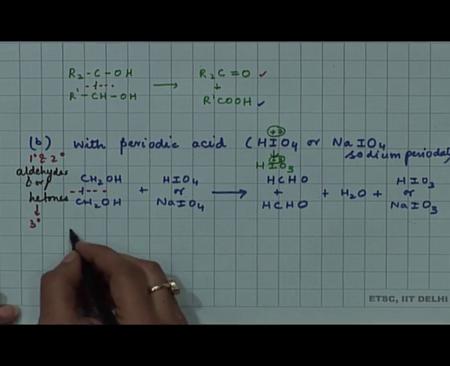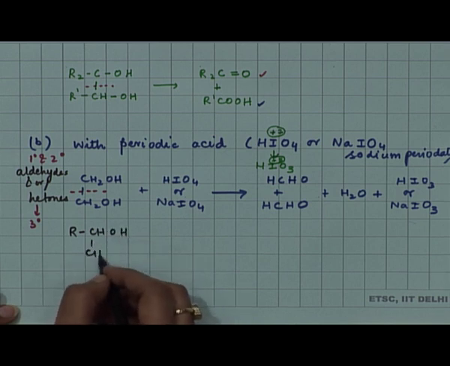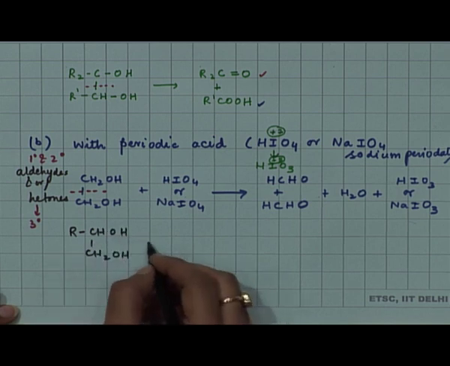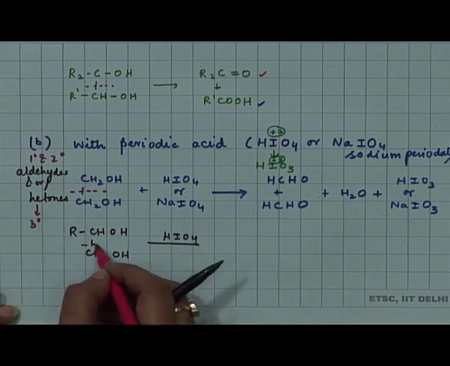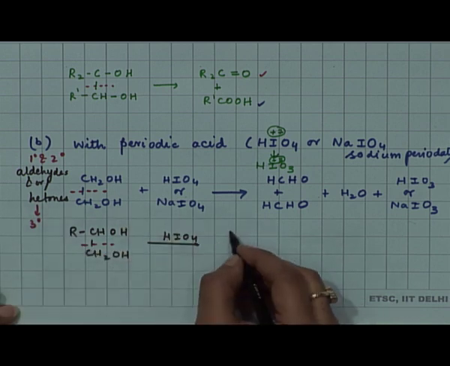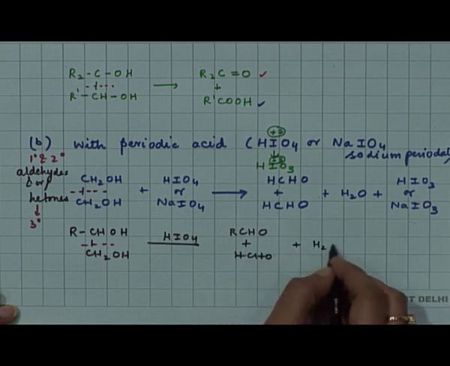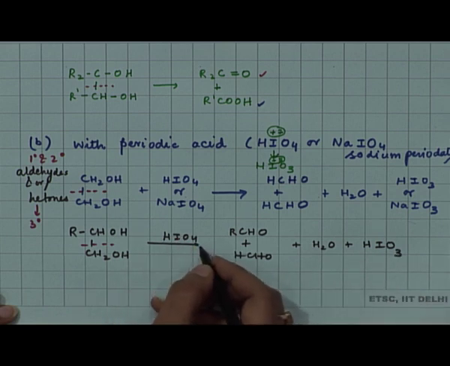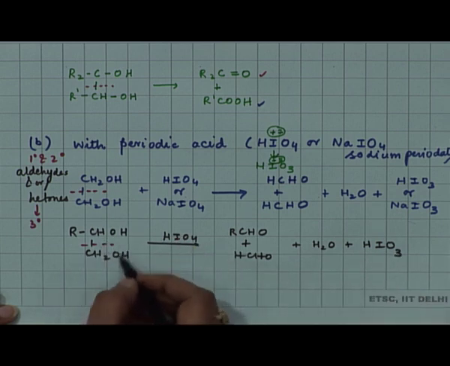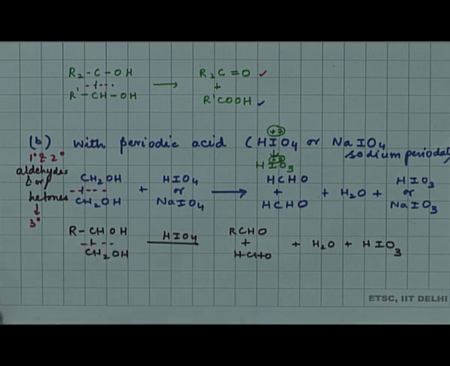We take a few more examples. We see a combination of a 2 degree and a 1 degree, treat it with periodic acid, and you can guess that as a result of the cleavage here, the product is going to be this aldehyde along with formaldehyde and water and 1 mole of HIO3. You can see that 1 mole of HIO4 is used when you have one glycolic unit, when the fission is taking place between one carbon-carbon bond pair.